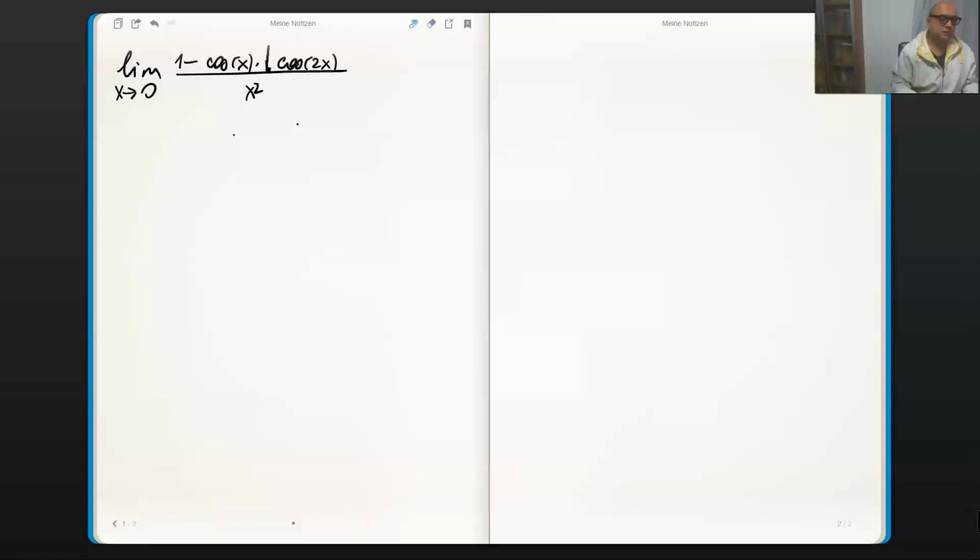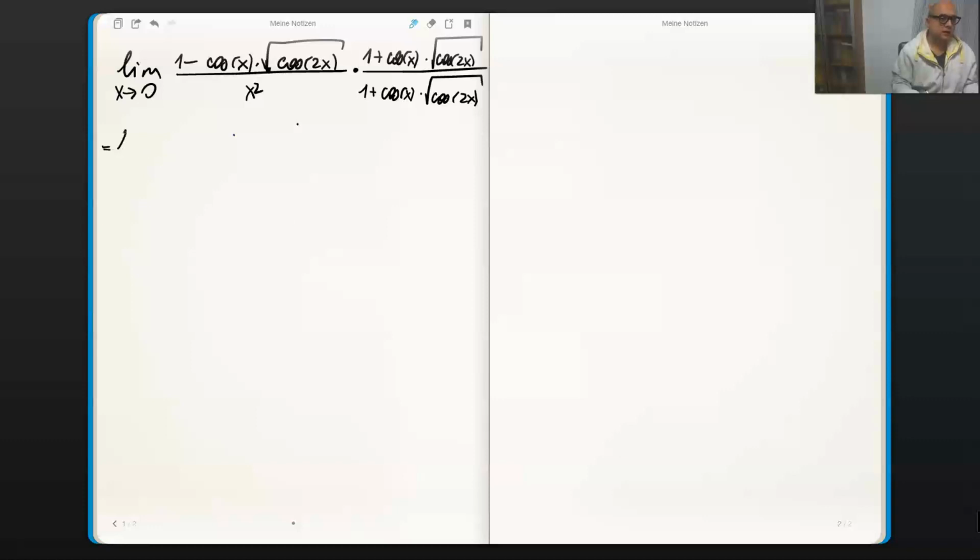Let's make it a bit more modest. Why? Well, because we're immediately multiplying by 1, which we are rewriting as 1 plus cosine of x times the square root of cosine of 2x, divided by exactly the same value, as you can see right here.